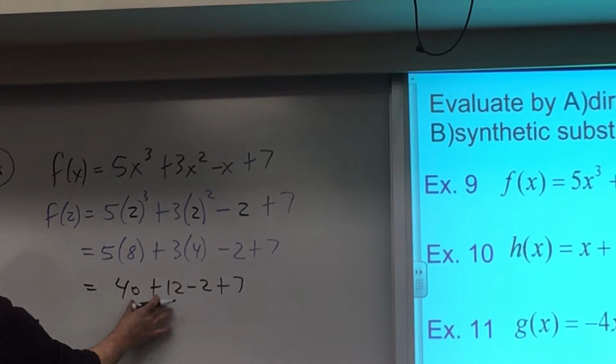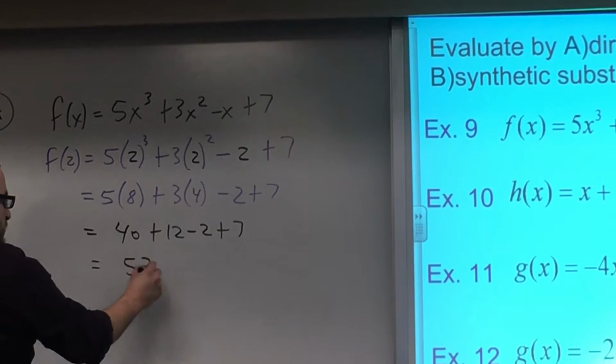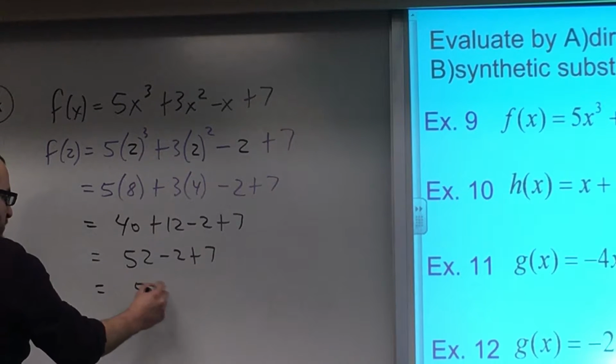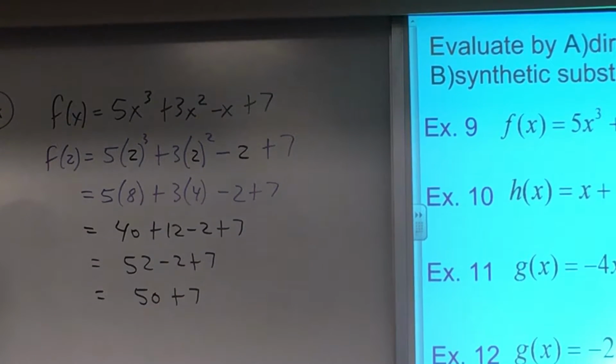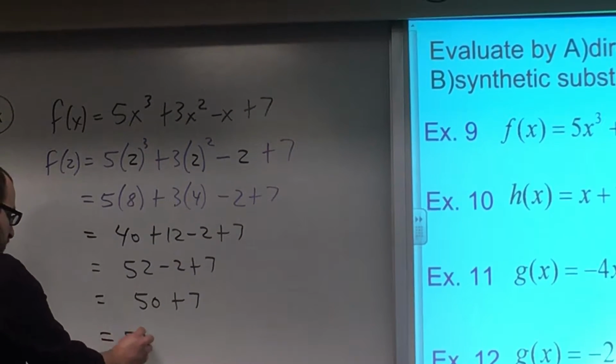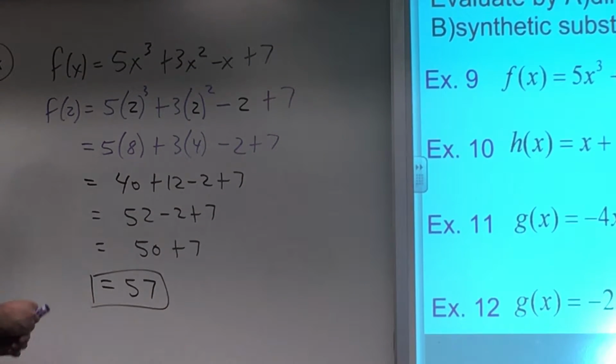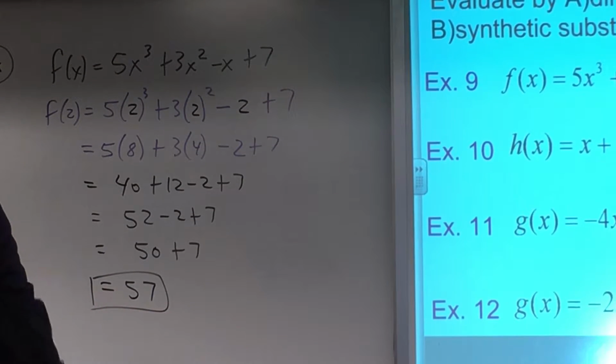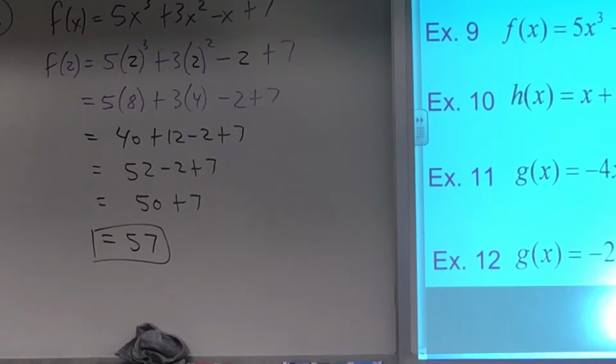Here gives me 52 minus 2 plus 7. That gives me 50 plus 7, and 50 plus 7 gives me 57. That's what we've been doing ever since we're in elementary school, or maybe 6th grade, whenever you started algebra.